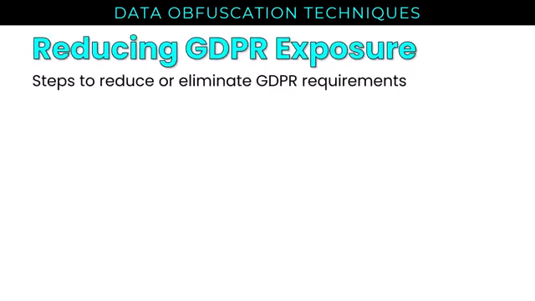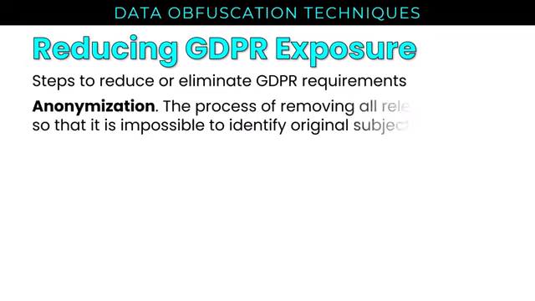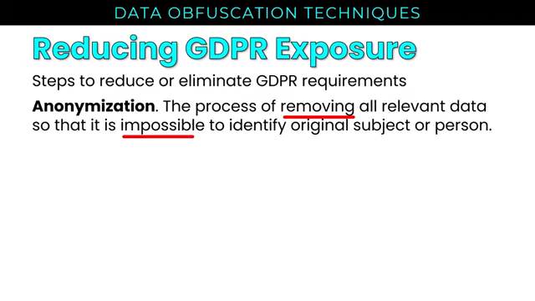You'll need to be familiar with data obfuscation techniques for the exam, and I thought we'd cover these through an example, a use case. Reducing our GDPR exposure. So if we wanted to reduce or eliminate our GDPR requirements, we could try data anonymization, which is the process of removing all relevant data, so it's impossible to identify the original subject or person.